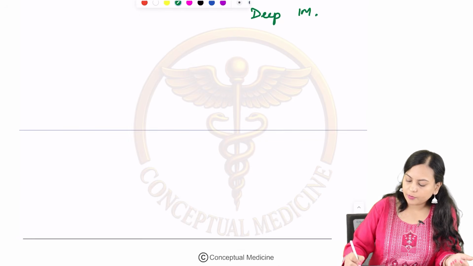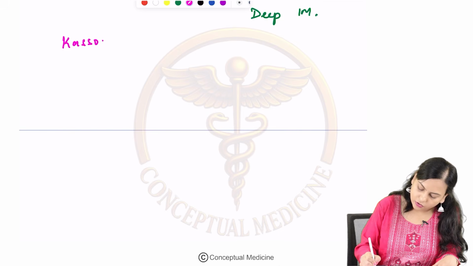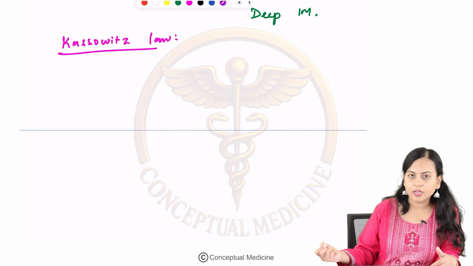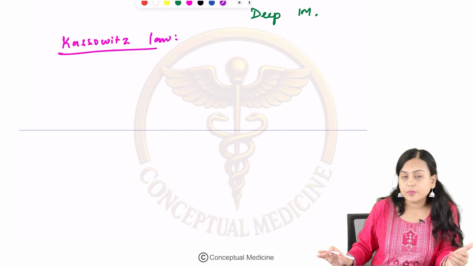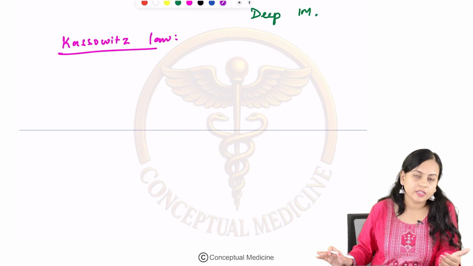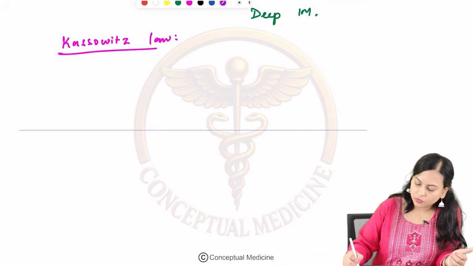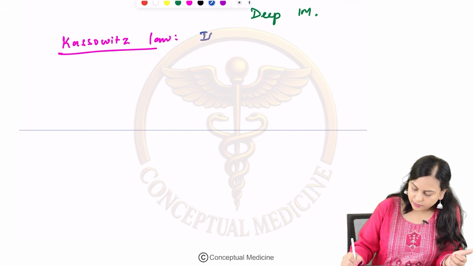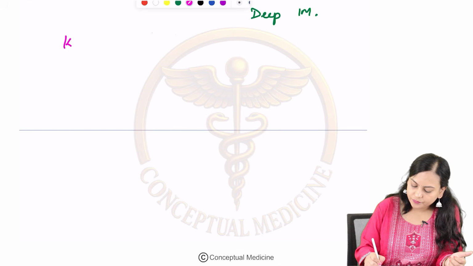And especially I want to add one point here, that is we have a law called as Kazowitz's law in syphilis. Okay. Now what does this law states? This law states that if a woman has untreated syphilis and she is having a series of pregnancies, the risk of transmission to the fetus in the next pregnancies will reduce. Okay. So we'll see Kazowitz's law.